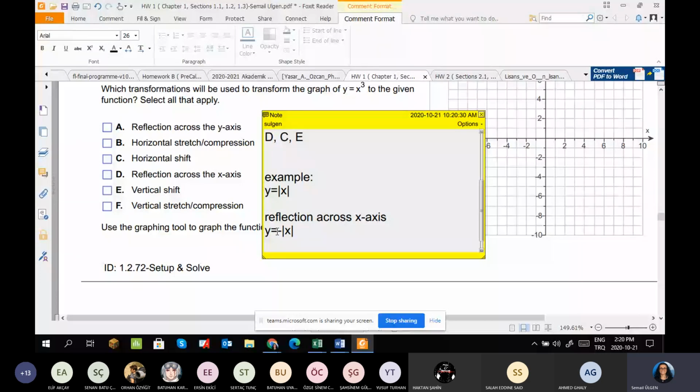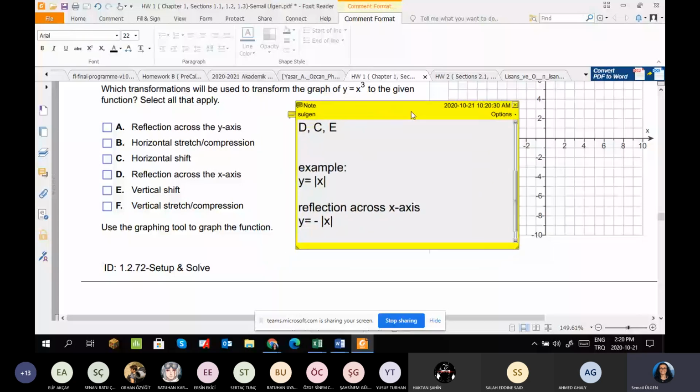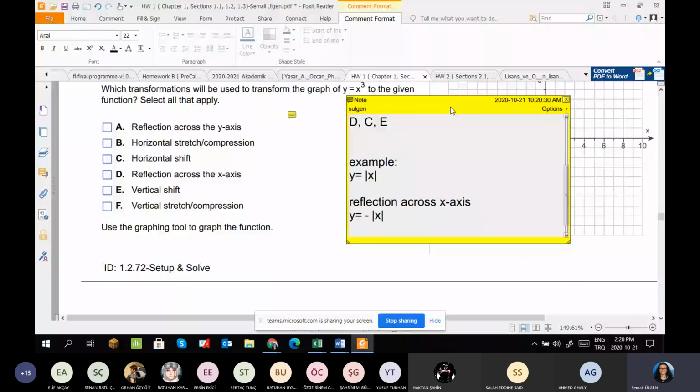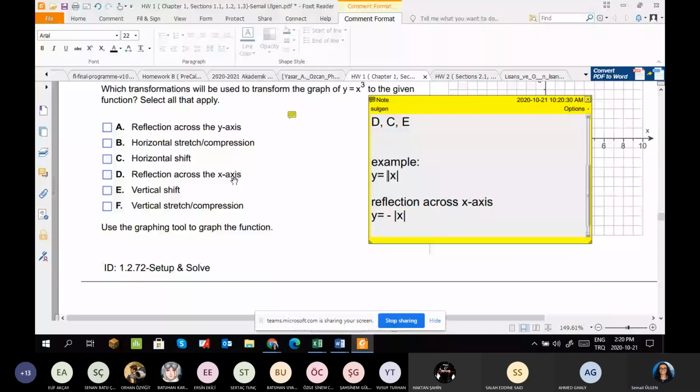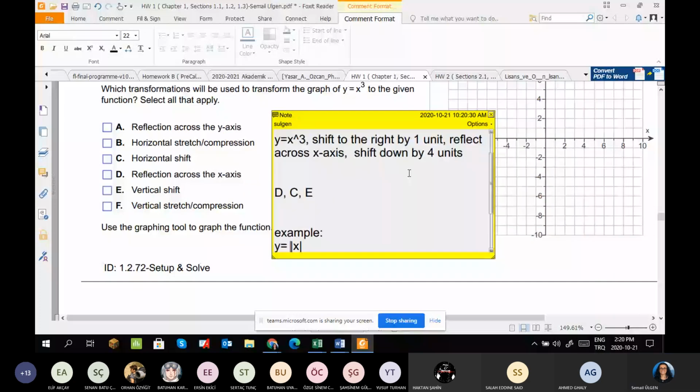This is f and this is negative f. So you're reflecting across the x-axis, all positive y values become negative values, etc. So it's definitely going to be reflection across the x-axis, which is D. And there's going to be a horizontal shift. Do you see that? Let me go over this here.